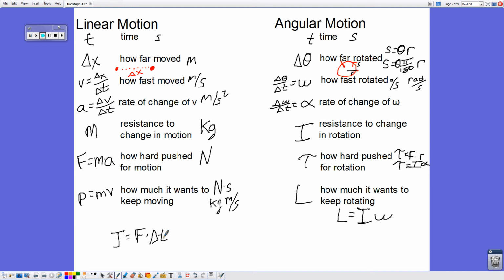Force times change in time gives us the change in momentum. That is still true for angularness. How hard you push it multiplied by for how long you're pushing still gives us the change in momentum.